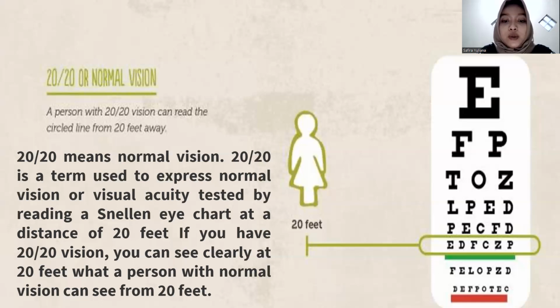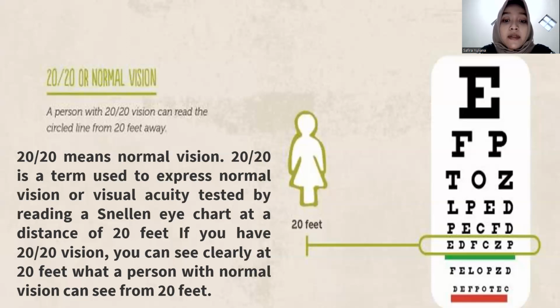Calling normal vision 20/20 vision is true for eye care professionals in the US, but not everywhere in the world. In Europe and elsewhere, eye care professionals would say that normal vision is 6/6 vision because they use the measurement of 6 meters instead of 20 feet.